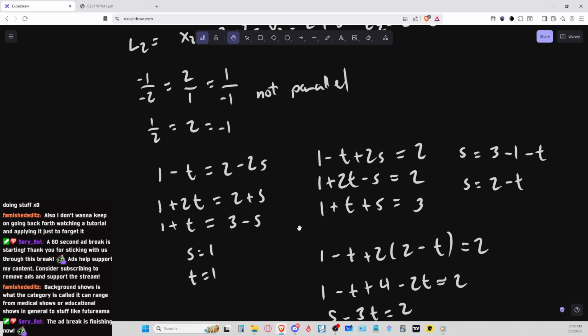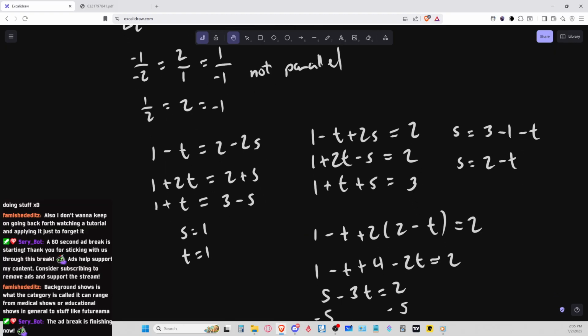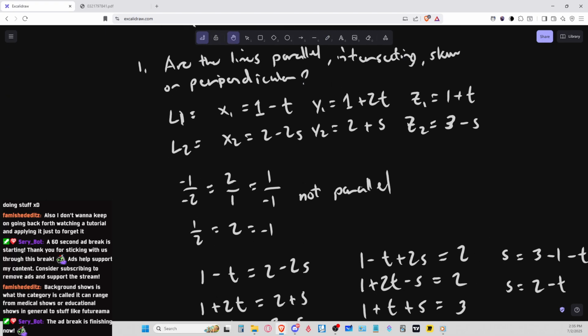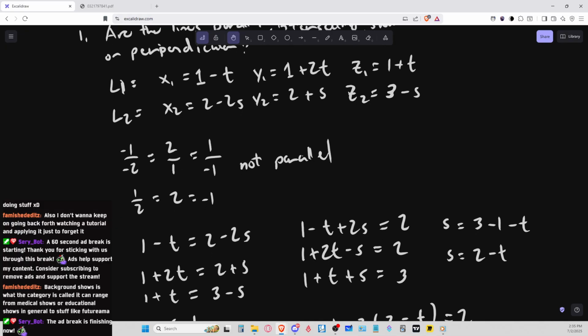So the one thing we know is that they intersect. Because the choices we have are either they're parallel, intersecting, or skew. So we know that they intersect. Now, the question is, are they perpendicular? And I think we have to use their vectors to see if they're perpendicular to each other and get the dot product of those two.